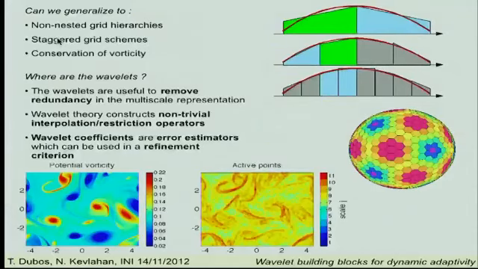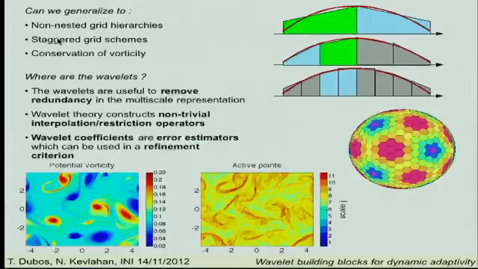So the wavelets will be involved for three purposes. One will be to remove redundancy in the multiscale representation. So here, for instance, these 2 degrees of freedom sum up to that green quantity here. So the green here and the 2 blue here are related by some constraint.